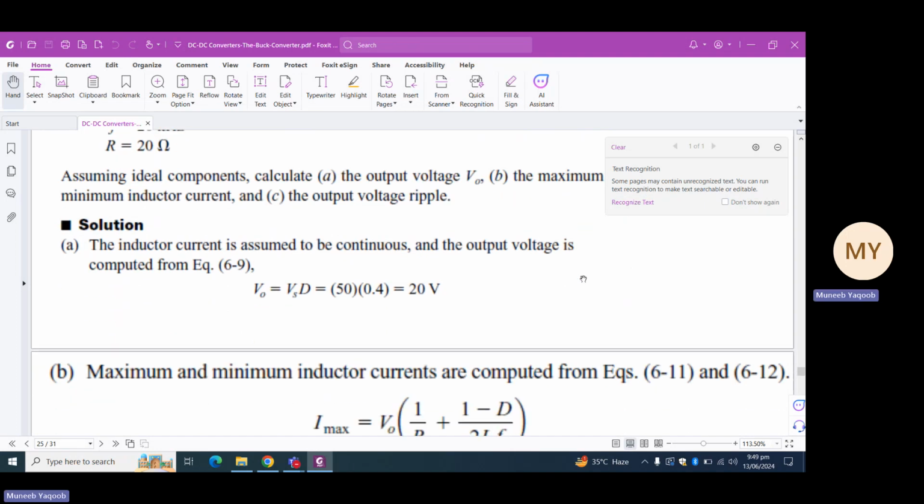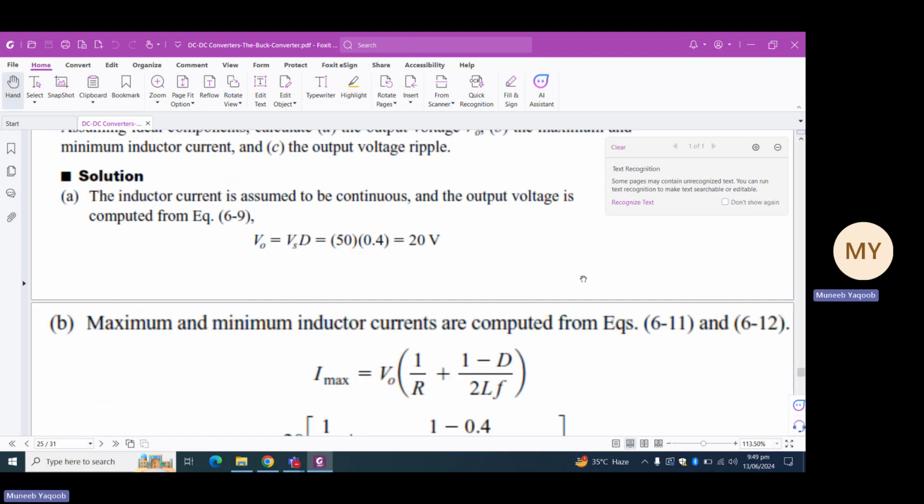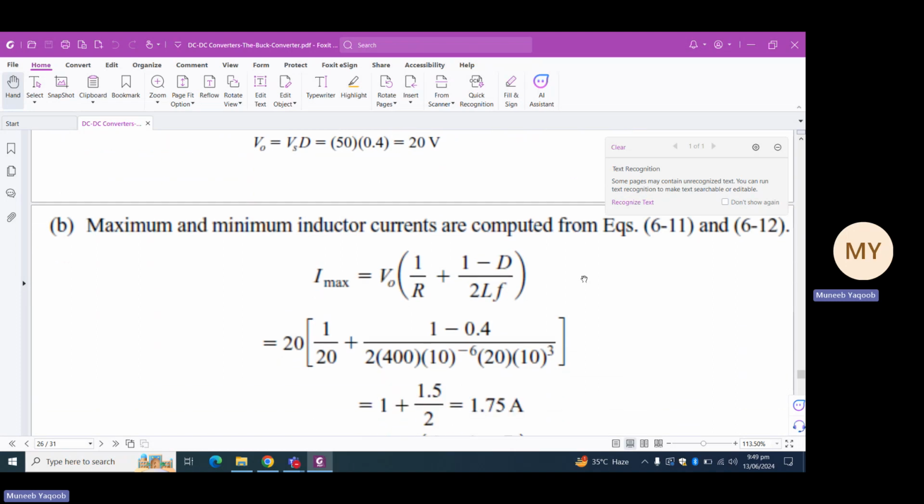Now coming to the calculation of the maximum and the minimum inductor current. In the previous lecture, we studied that I maximum is equal to the output voltage times [1 upon load resistor plus (1 minus the duty cycle) times 1 upon 2 LF].